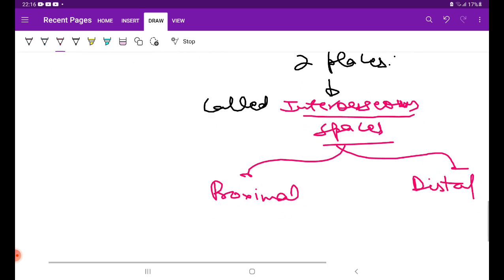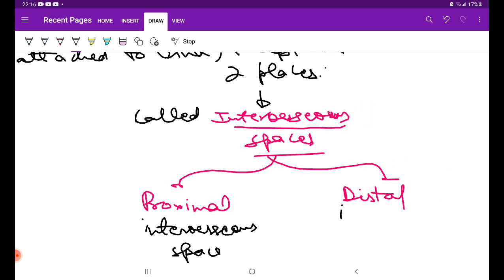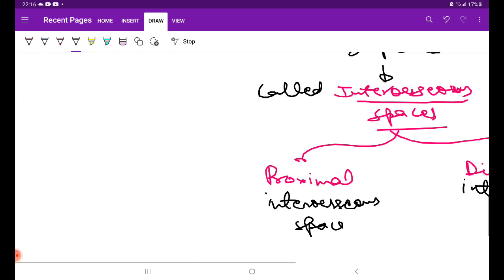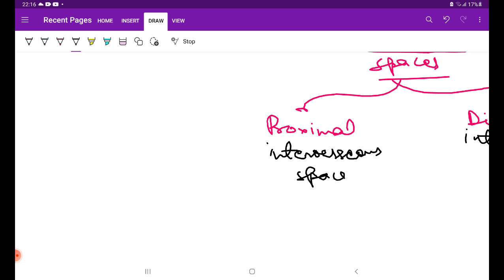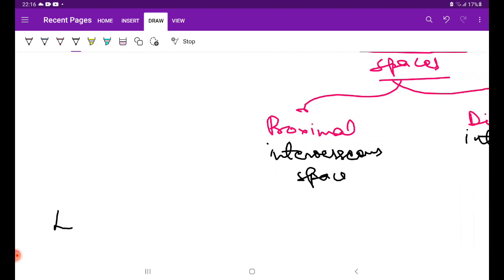So proximal interosseous space and distal interosseous space. This is all about the posterior surface.